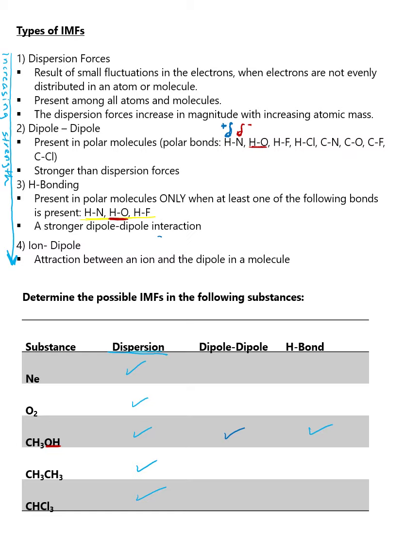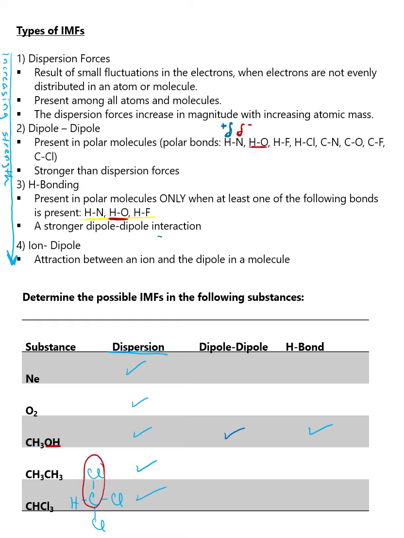Now, for the last one here, we have trichloromethane. And for this one, you have bonds between carbon and Cl, carbon and hydrogen. Carbon-hydrogen is not a polar bond, so carbon-hydrogen is not going to give you dipole-dipole or hydrogen bonds. Carbon with Cl, this is going to look something like that.